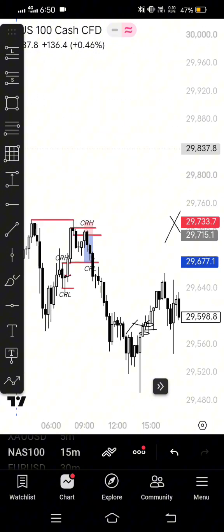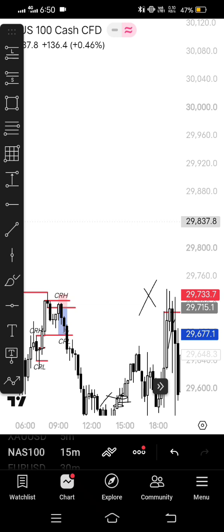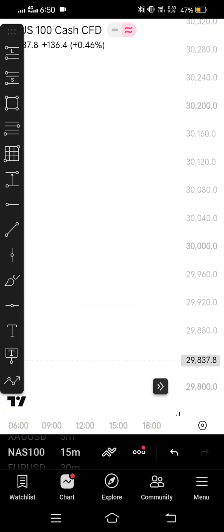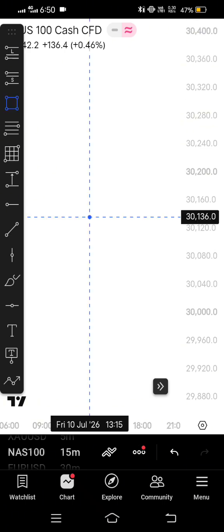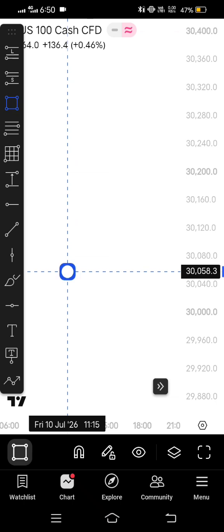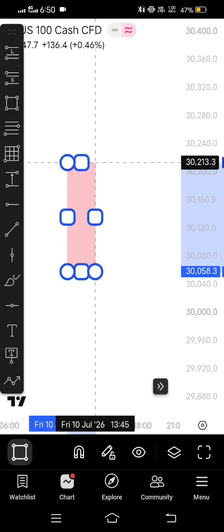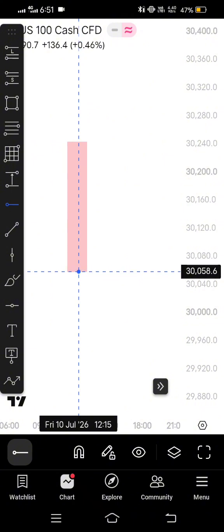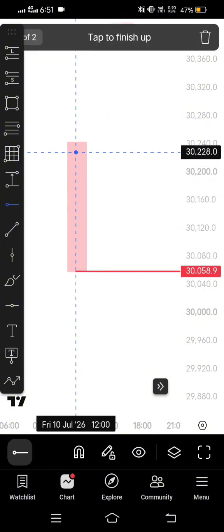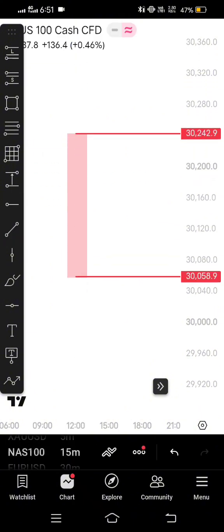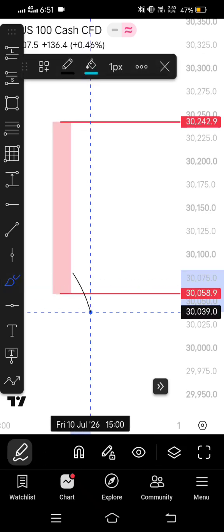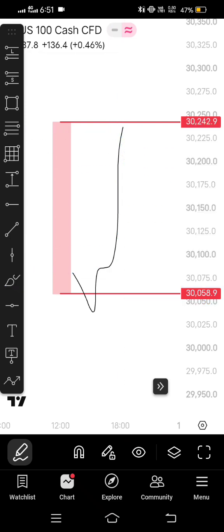So now I will tell you why and when a CRT fails. For example, if you are taking a buy side CRT on 15 minutes, you will wait for a purge and then a break and then target 1:2.